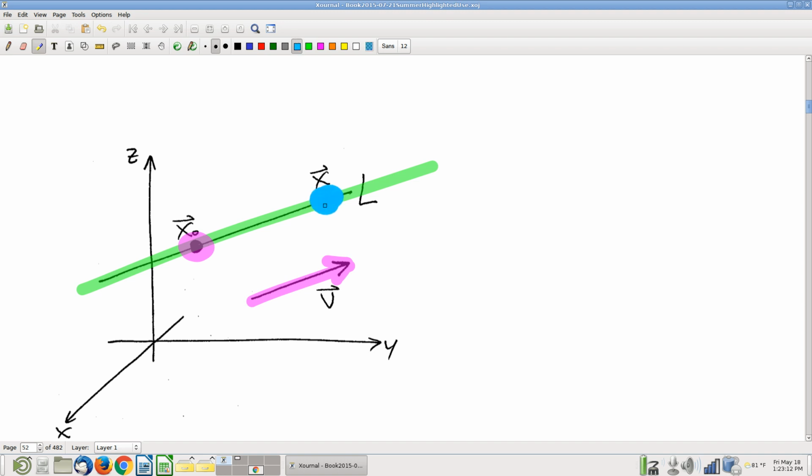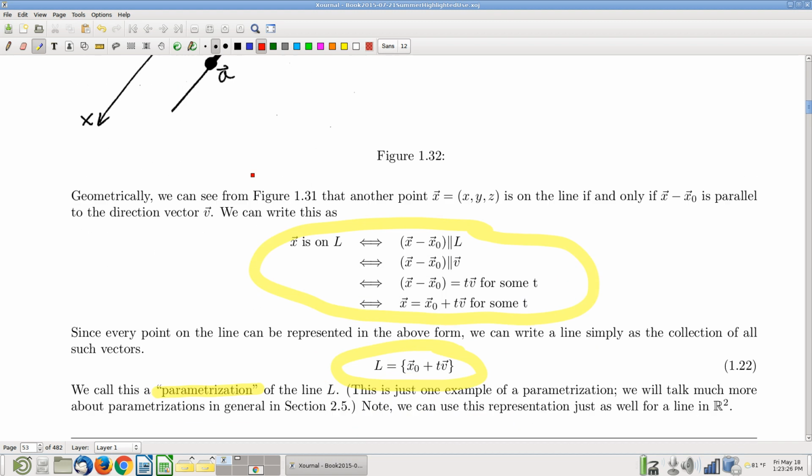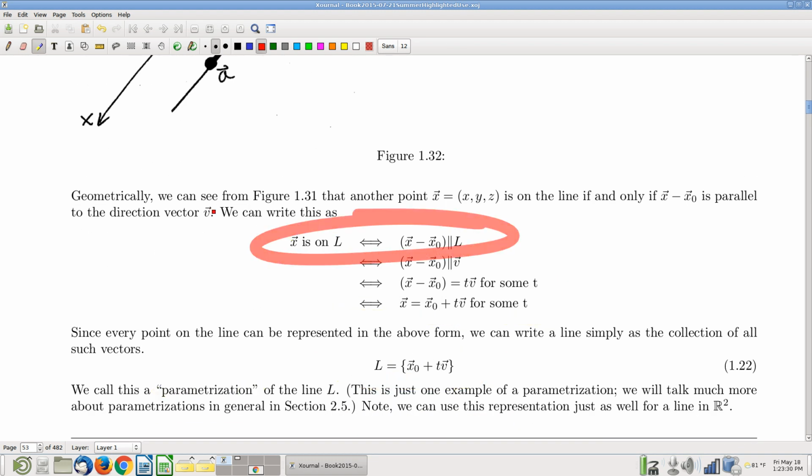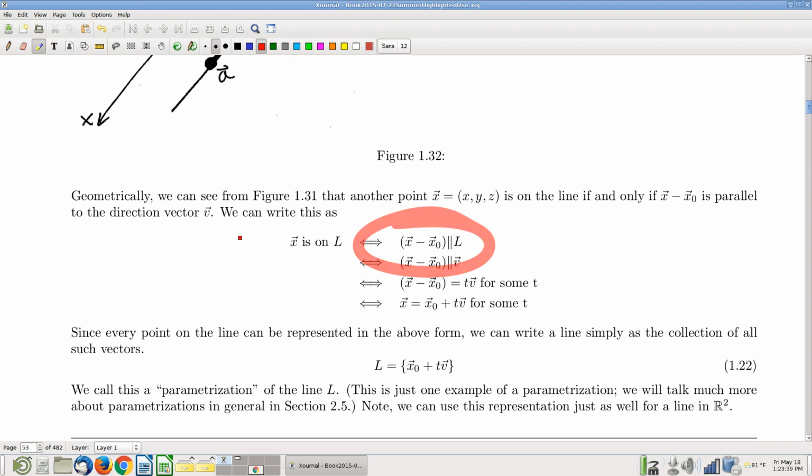We can decide whether a vector x is or is not on the line by whether or not the difference vector is parallel to v. So you write that down algebraically. Here it is. We decide whether a point is on the line by whether x minus x naught is parallel to the line, aka parallel to the direction vector v.